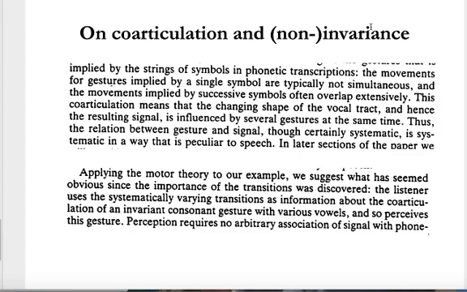At the same time, there's no fixed acoustic values for where the formants have to start for a b, d, or g. It's just the shape of the transitions that matters, and that varies depending on the following vowel. Right? The listener uses the systematically varying transitions as information about the coarticulation of an invariant consonant gesture with various vowels, and so perceives this gesture.